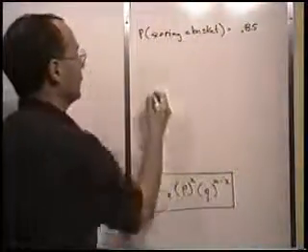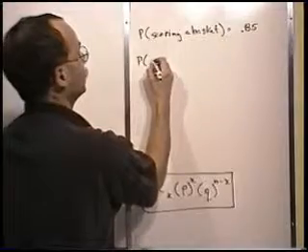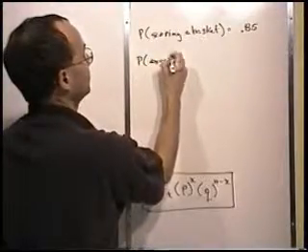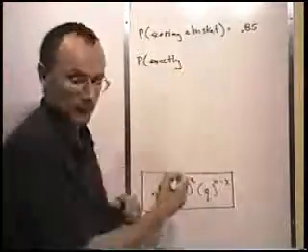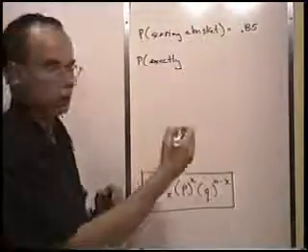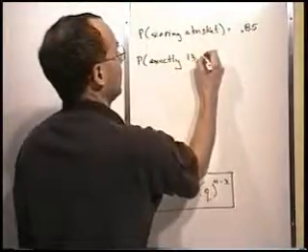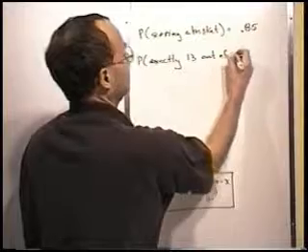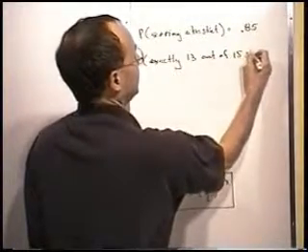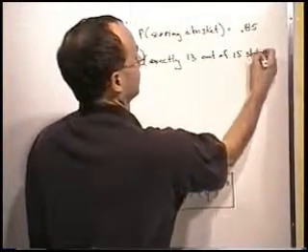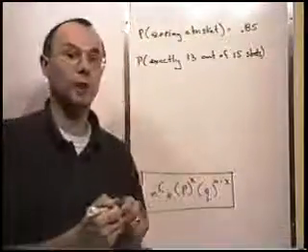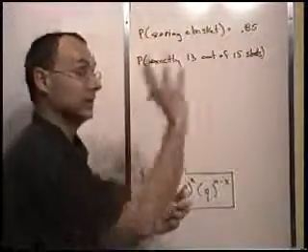And we're going to look at, well, what's the probability that he scores exactly 13 out of 15 shots. Okay, so here's our basketball guy. He's going to take 15 shots.